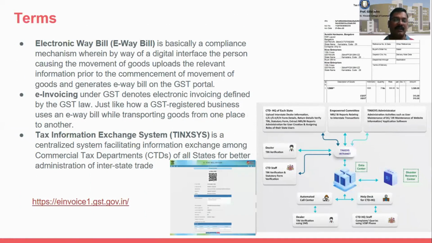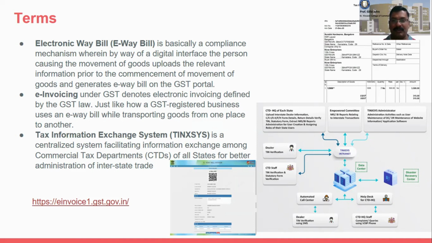Electronic way bill, that is called e-way bill, is basically a compliance mechanism wherein, by way of a digital interface, the person causing the movement of goods uploads the relevant information prior to commencement of movement of goods and generates an e-way bill on the GST portal.